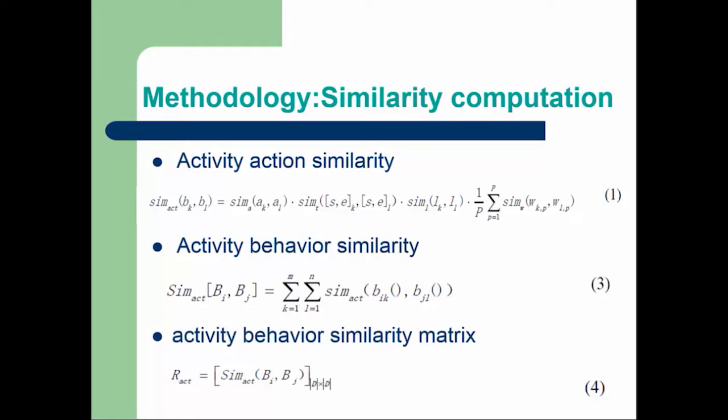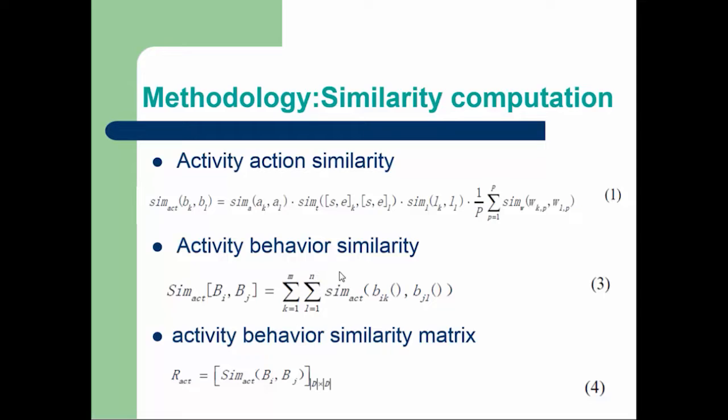For 2 activity actions, K and L, the similarity is defined as in equation 1, where sim A is a function to compare activity categories, sim T is a function to compare the time, sim L is a function to compare location, and sim W is a function to compare the participants.